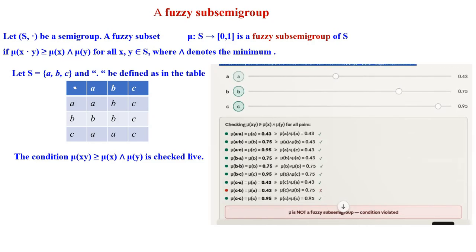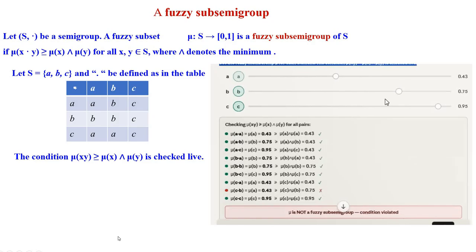So that you can see here, you have c dot b, which is a from the table, and mu of a you have chosen to be 0.43, and mu of c and the minimum of that with mu of b. So the minimum is 0.75, and 0.43 is not greater than this. In the other case equality holds. So when you choose your value in this way, then in that case your mu is not a fuzzy subsemigroup.